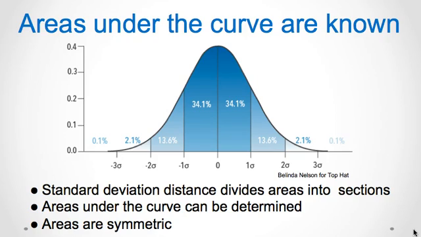The standard deviation divides areas into sections so that we can determine the area or probability under the curve at different points along the distribution. The total area under the normal curve is always equal to 1. The area under the curve has the same characteristics as probability. It varies between 0 and 1 and can never be negative.